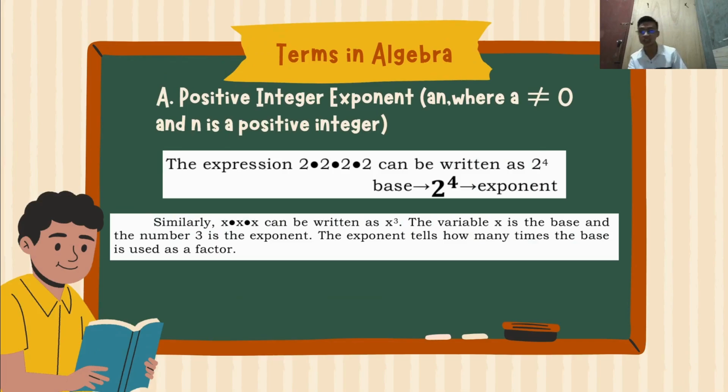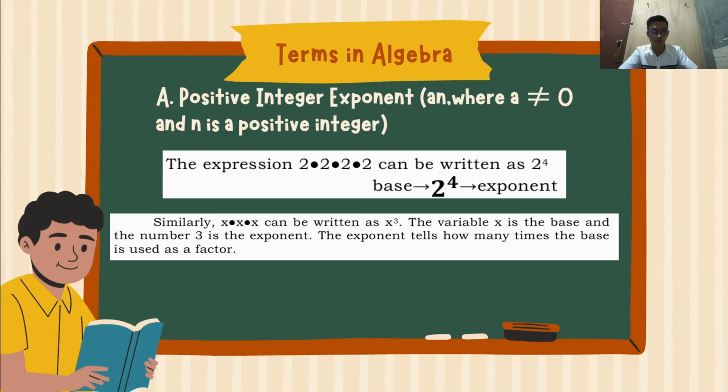Now, these are terms in algebra. So those examples that I discussed are the part of our introduction. Now, let's proceed to our main topic, which is the terms in algebra or terms in algebraic expression. Now, letter A, positive integer exponent, where a is not equal to 0 and n is a positive integer, right?